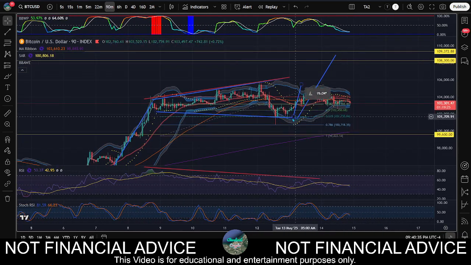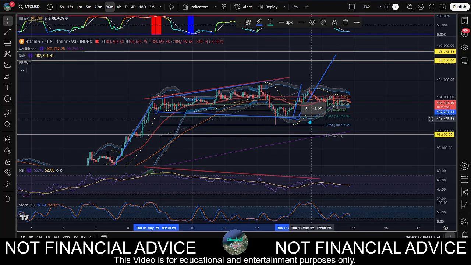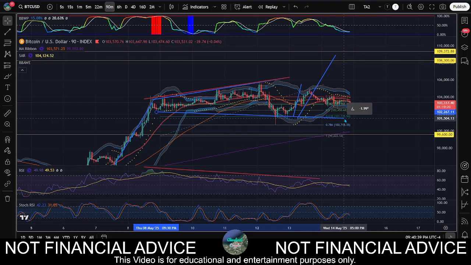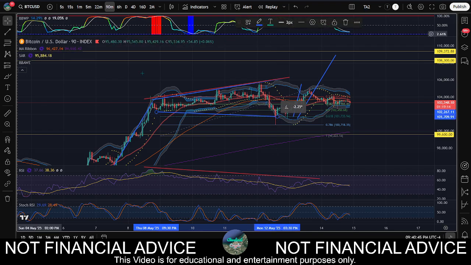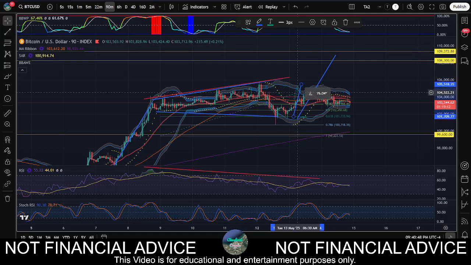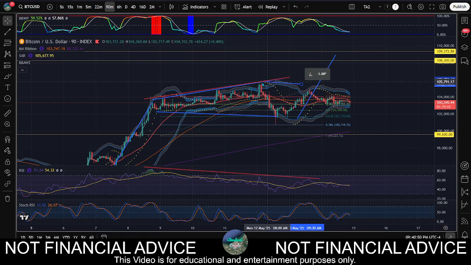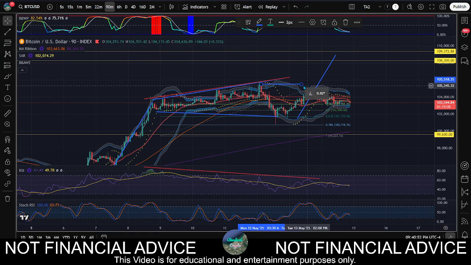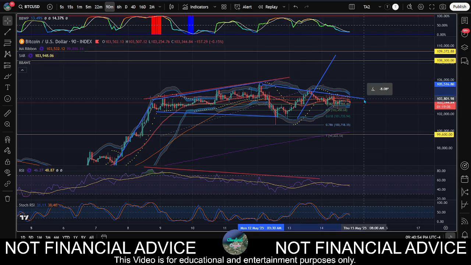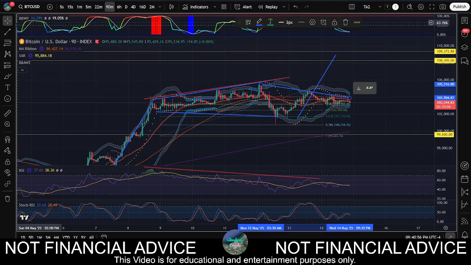We could expand our move out a little bit. Well, actually, we're not going to expand it out because I want to show you this. What we're actually forming now is a symmetrical triangle.